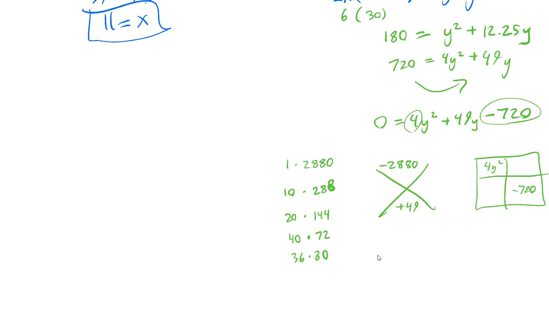Okay, so let's try 35, 2880 divided by 35. And that didn't work. 2880 divided by 34. 2880 divided by 33. 2880 divided by 32. Okay, that's it. So we got 32 and 90, and those are 58 apart. So it doesn't work. So there is no clean solution here.